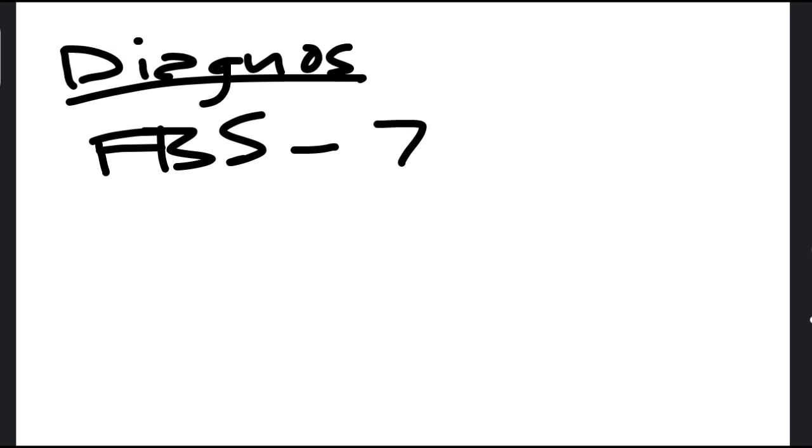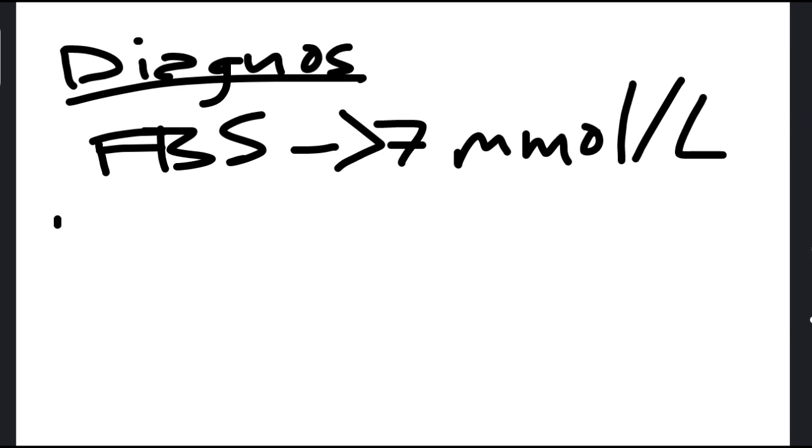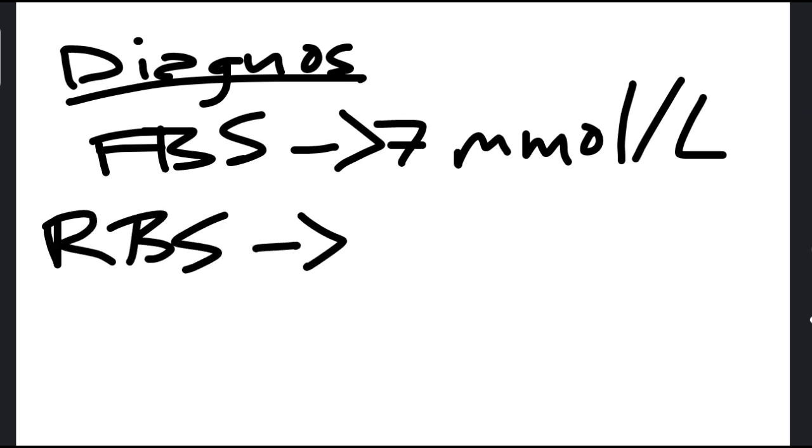The diagnosis for this ultimately will be having high levels of glucose. So remember, from the WHO, a fasting blood sugar of greater than or equal to 7 millimoles, and a random blood sugar of 11 millimoles.